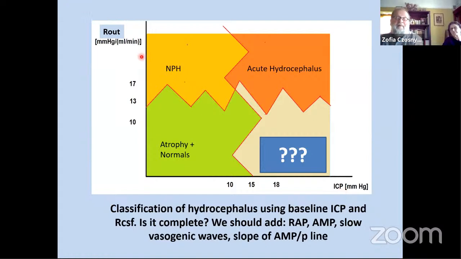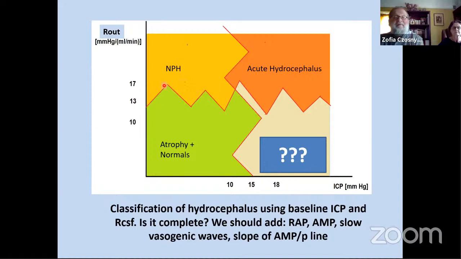We, for a while, forget about elasticity, and then we can say that we have some kind of roadmap, a classification of CSF disorders. Normal ICP and normal resistance to CSF outflow is normal CSF circulation, but patients with brain atrophy can also be contained here.